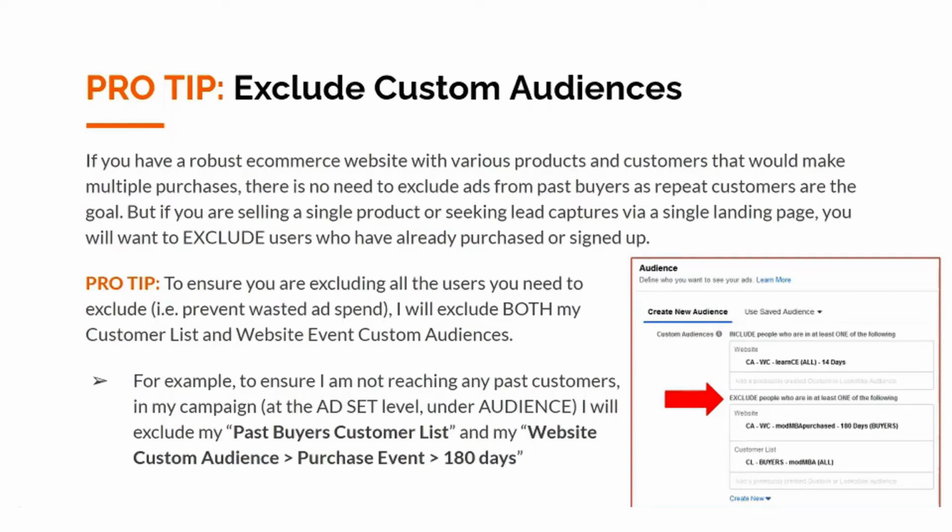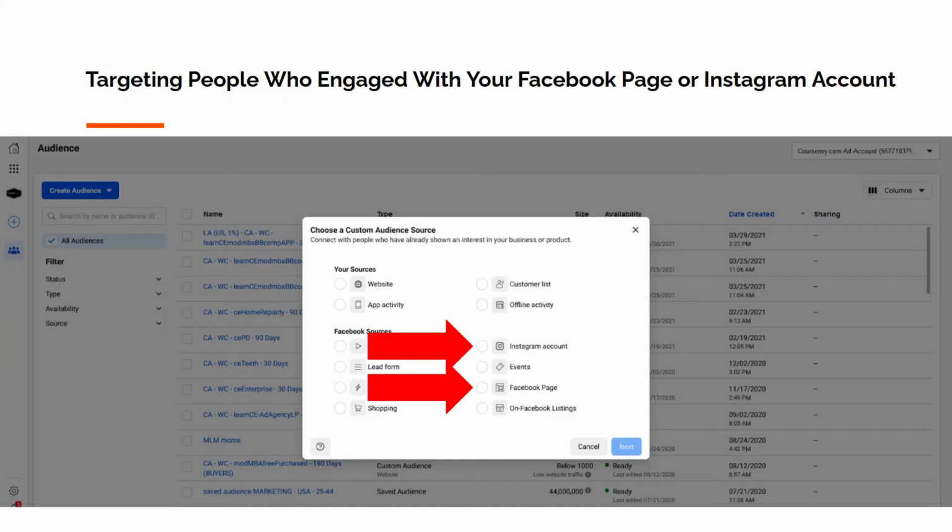And I will exclude the custom audience, purchase event, past 180 days. So in case I don't have the most updated customer list, or in case someone's just outside of the range, this will cover it. Someone who purchased in the past 180, or someone who's already uploaded from my list. So yes, there's some overlap, but I want to make sure I'm excluding all past customers.